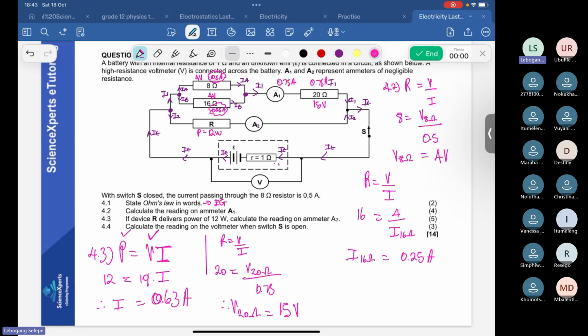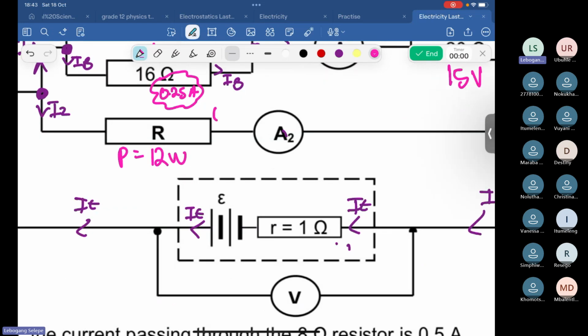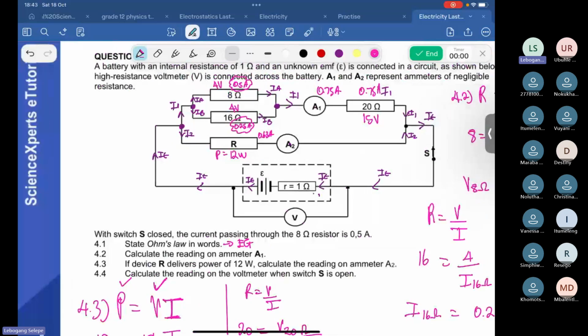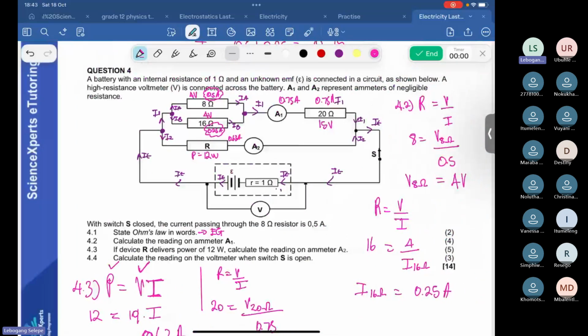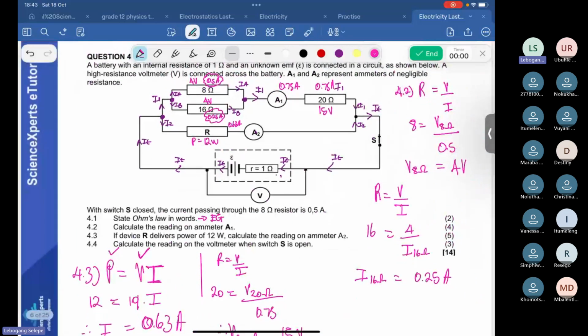Okay, here we have 0.63 A. That's the current I2, 0.63. Then can you see we have I1? Remember I1 here is 0.75 A. Then I2 here, as you can see, is 0.63.